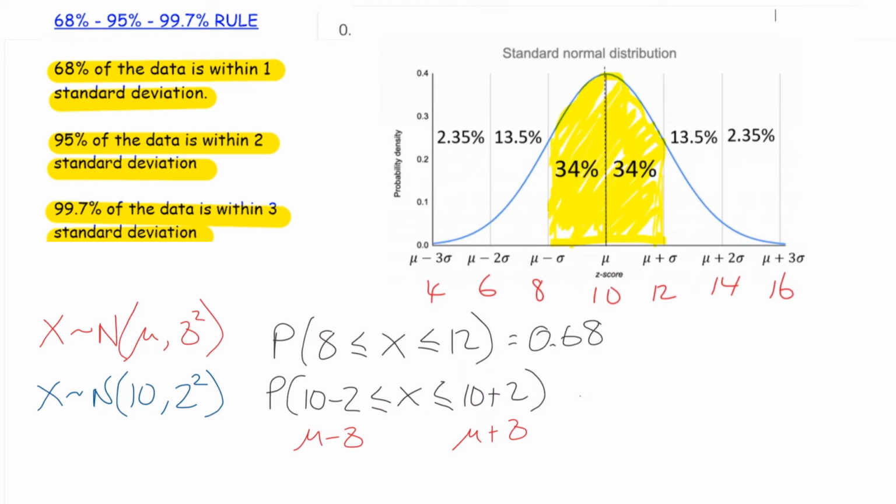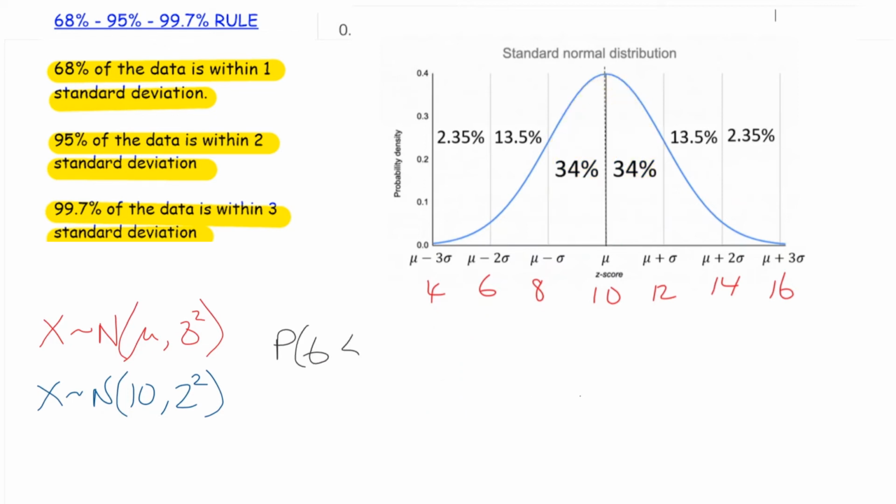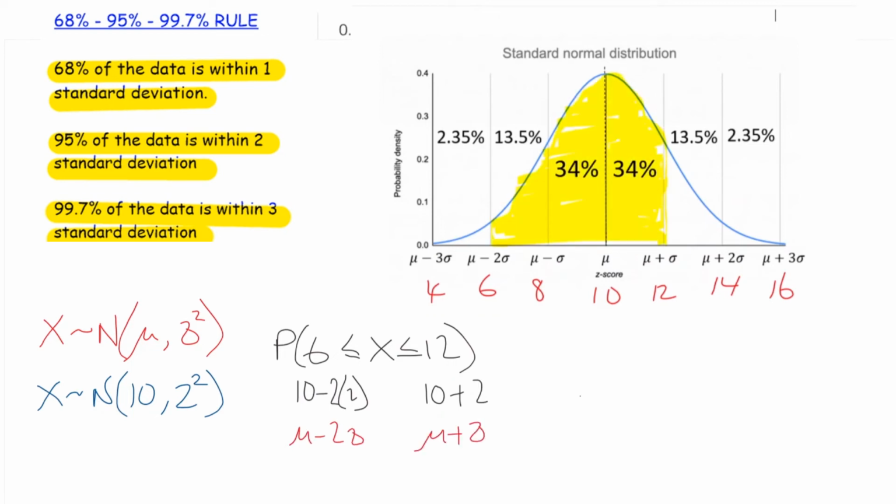Okay, so by making use of the 68, 95, 99.7 rule, we should be able to answer quite a few questions. So on this one, it's two standard deviations below and one standard deviation above. So this is the region I'm now looking for, and it's 0.82.